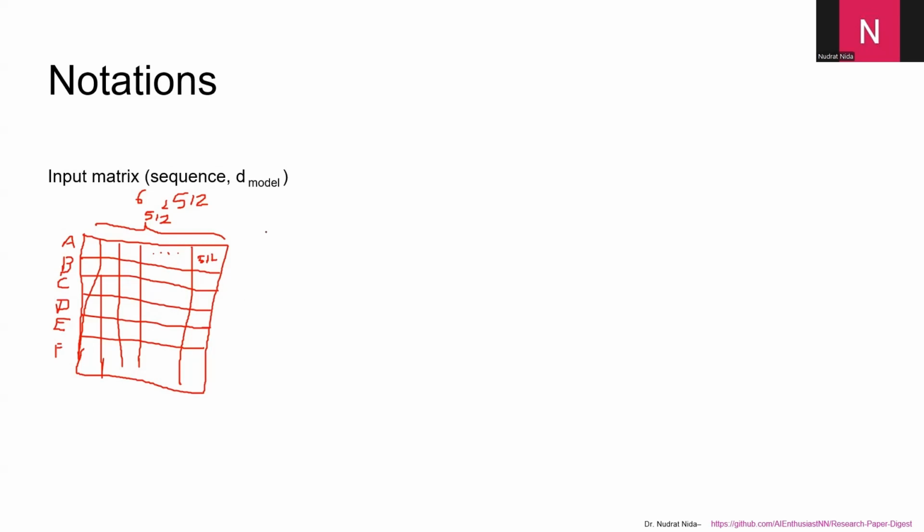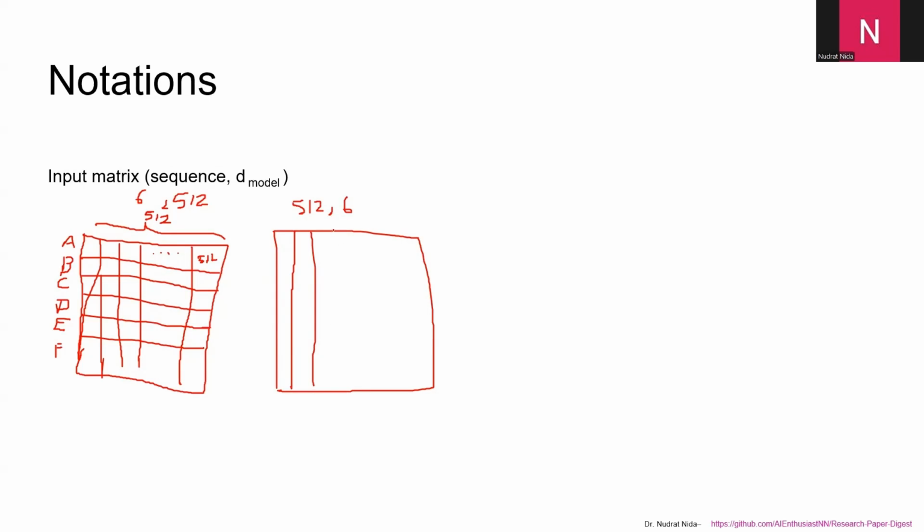Similarly, if we have another matrix, which is the transpose of the first matrix, in this case we have 512 rows and 6 columns. So 6 columns means this is 1, 2, 3, 4, 5, and 6.